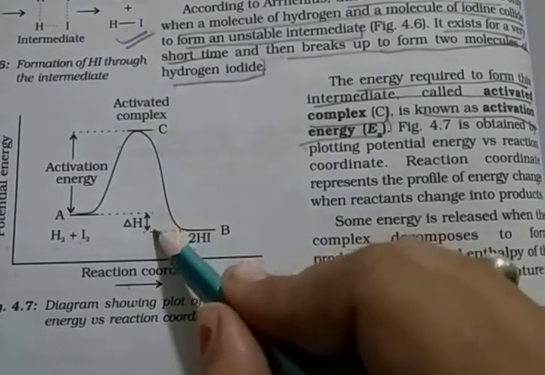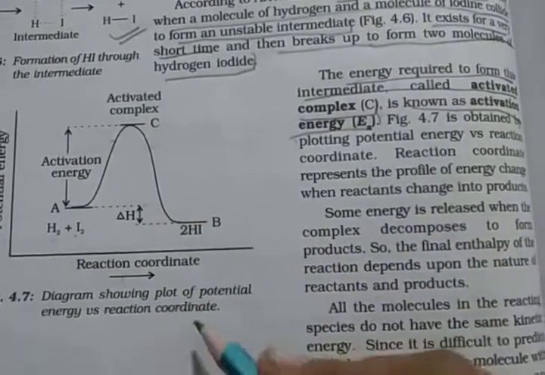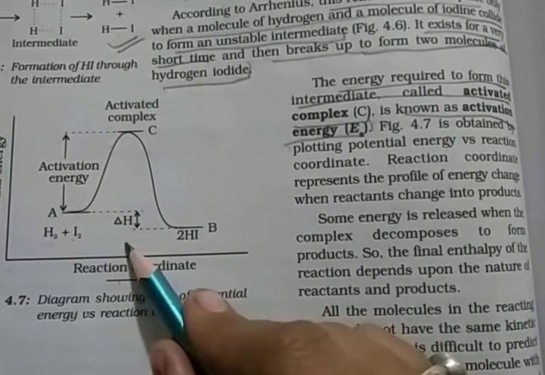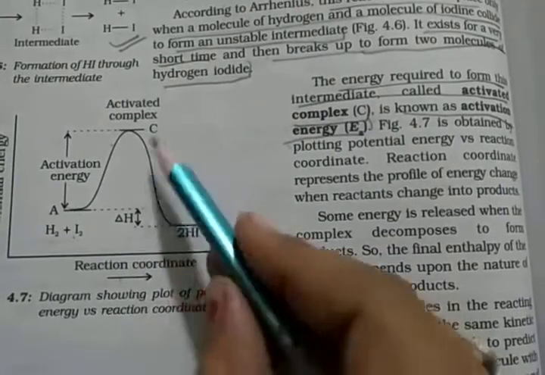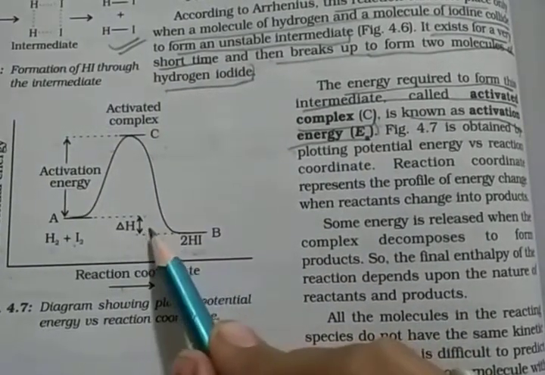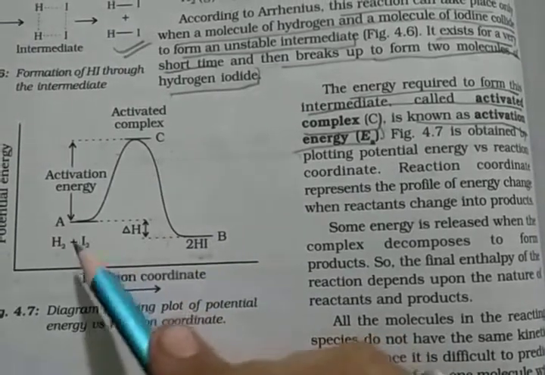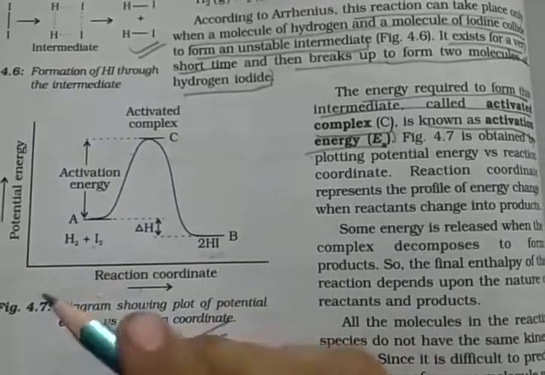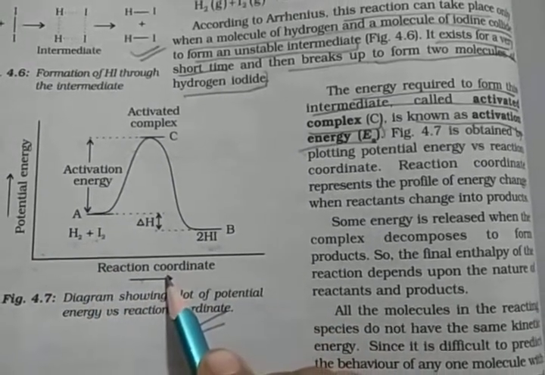Here you see the energy released, delta H. Some energy is released when the complex decomposes to form the product. Finally, the enthalpy depends upon the nature of the reactants and products. This diagram shows the plot of potential energy versus reaction coordinate.